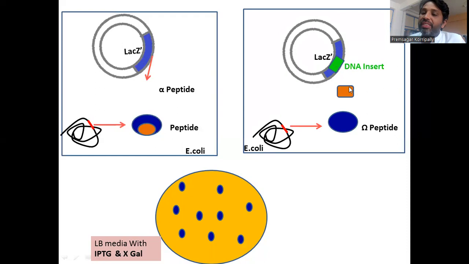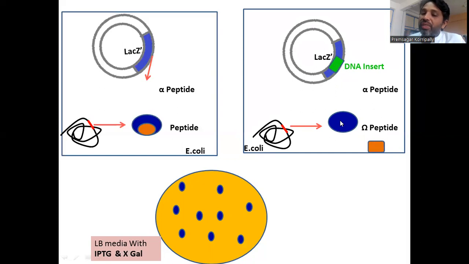The conformation of the alpha peptide is structurally changed because of insertion of a gene into the lacZ prime region, so that conformation-changed alpha peptide cannot bind with the omega peptide. So the alpha peptide structure has changed because of insertion of DNA into the MCS of lacZ prime.